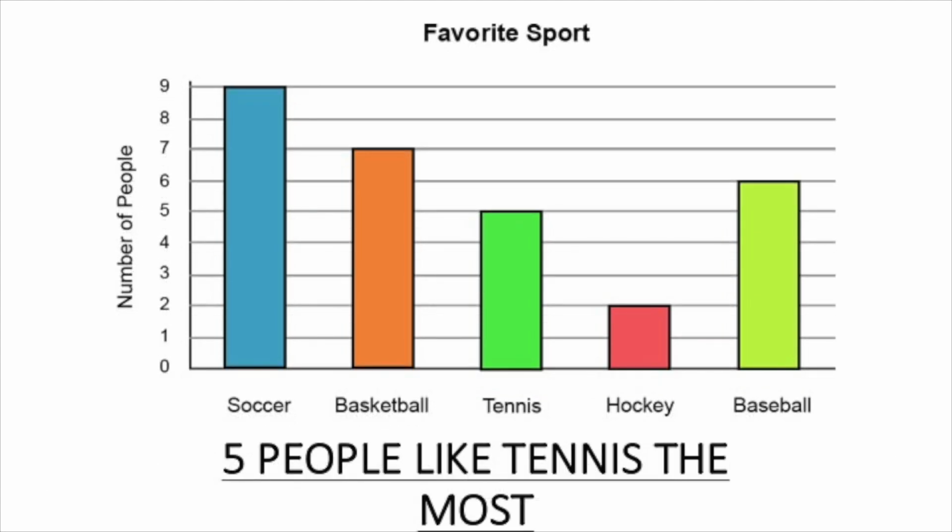So 5 people like tennis the most. But how about baseball? How many people like baseball? Not 7. 6. Always make a point before we answer of looking up at the bar and then read across. And you can see 6 for baseball.